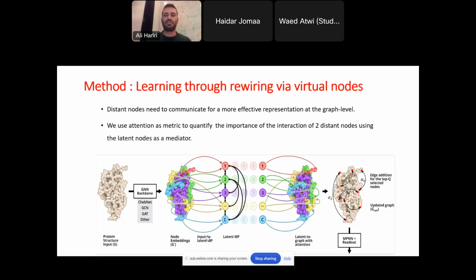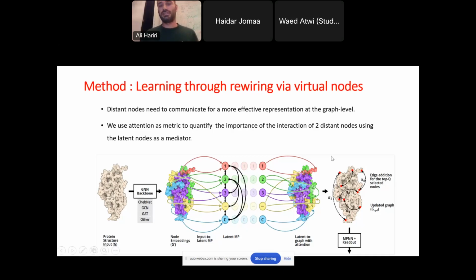So for example, between 100 nodes, I have 20 nodes that are very crucial. Instead of fully connecting 100 nodes, which is expensive, I connect only those 20 nodes to each other. So I saved a lot of memory cost and computational cost. This is what I call attention-based rewiring.